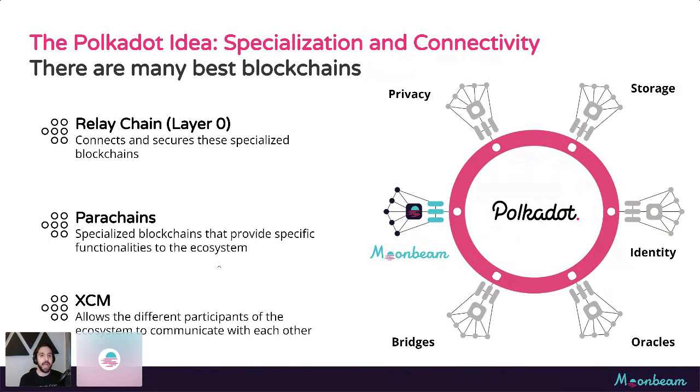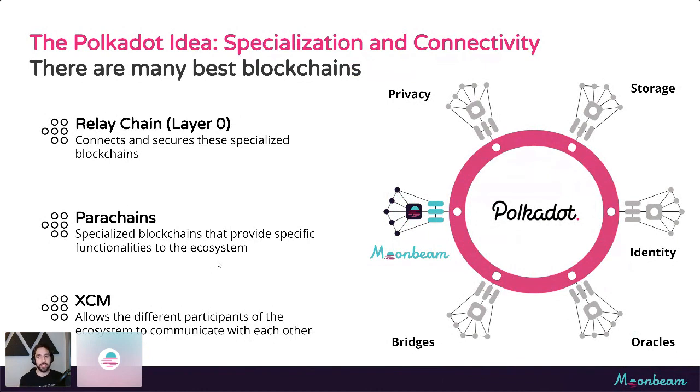These are specialized blockchains that provide specific functionalities to the ecosystem. For example, in Polkadot you'll have privacy parachains and storage parachains. And you have Moonbeam, which is a smart contract parachain that provides, as you might have guessed, smart contract functionalities.